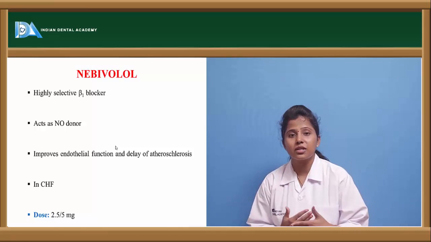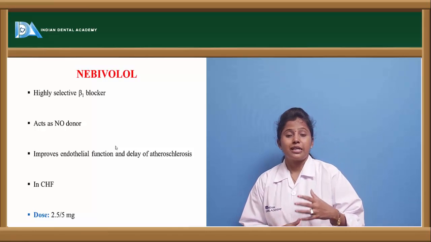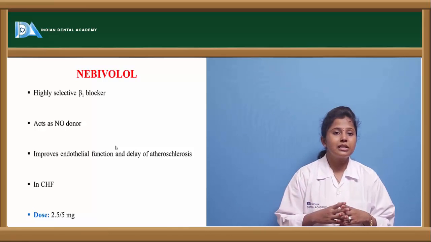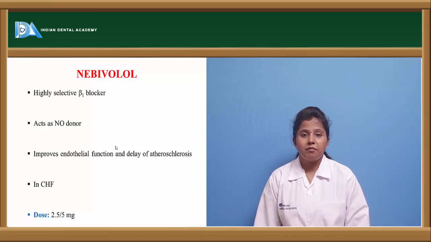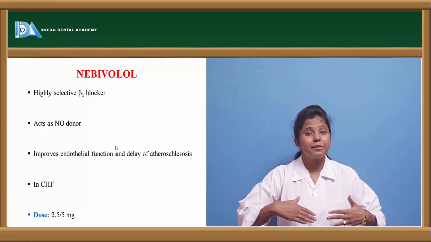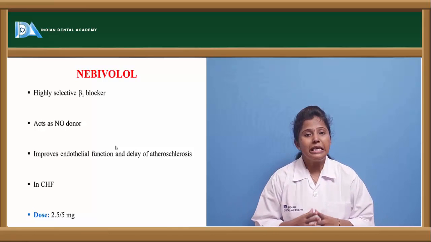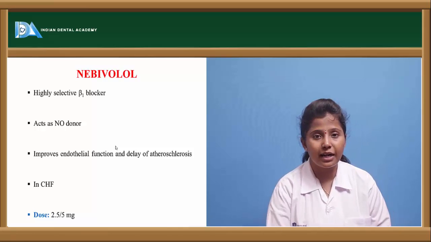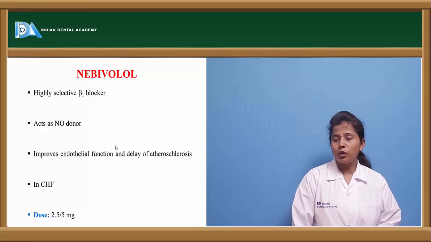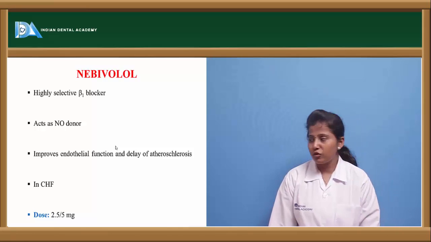The excessive nitric oxide causes vasodilation of the endothelium muscle, and thereby it exerts its actions and delays atherosclerosis. It is recommended in congestive heart failure in a dose of about 2.5 to 5 mg.